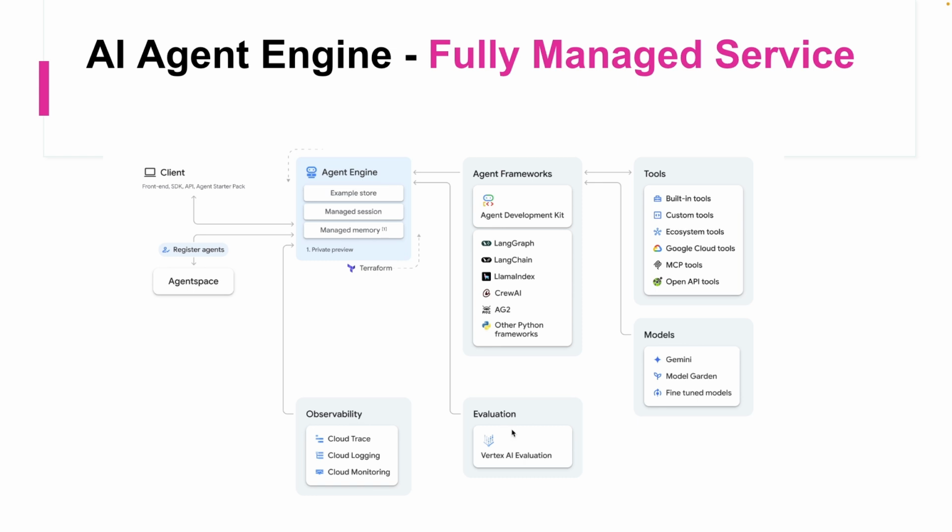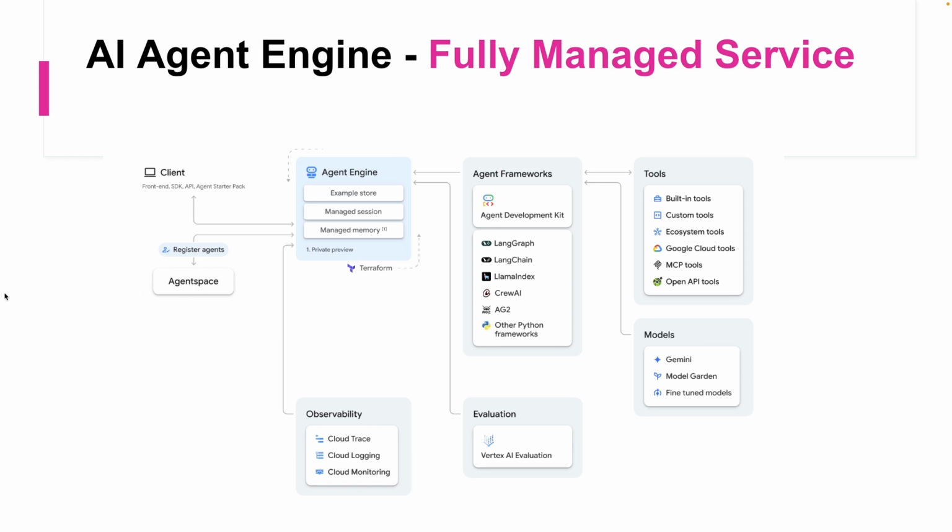Once your agent is deployed, you can also trace and monitor how your agent is performing, how the request is flowing, because behind the scene when you chat with your agent, there are a lot of session IDs and states. You can trace it easily from the observability section, and then finally you register your agent to the agent space.